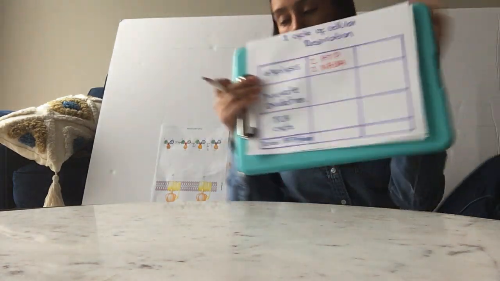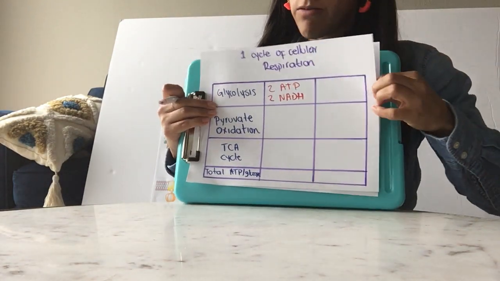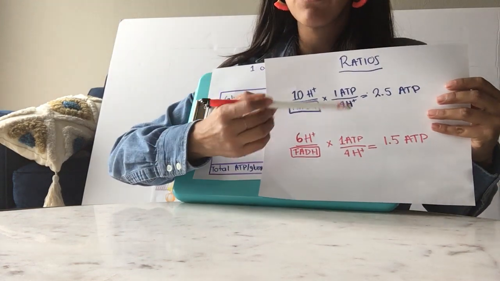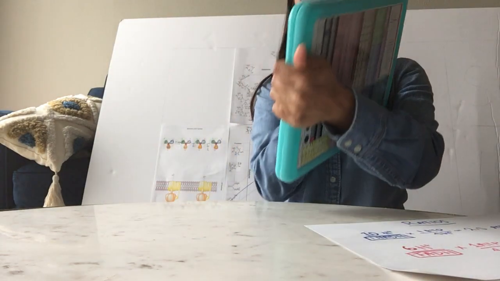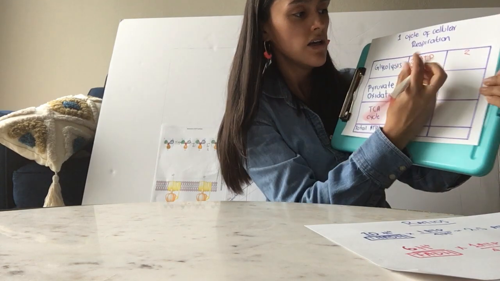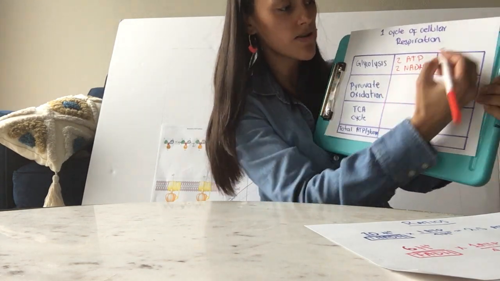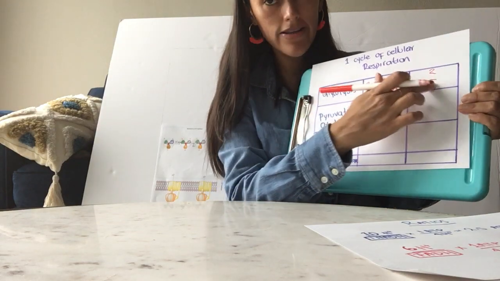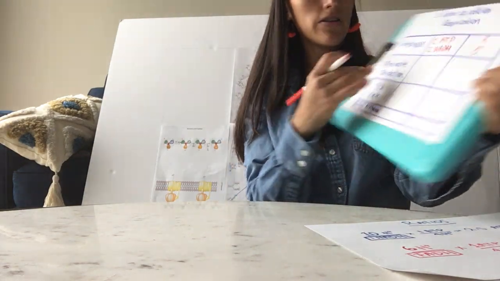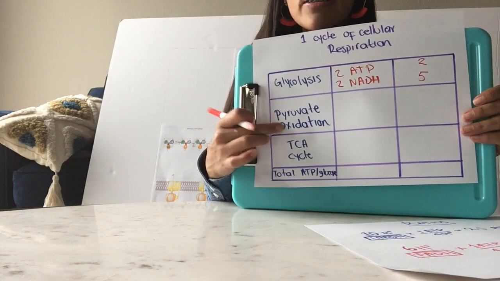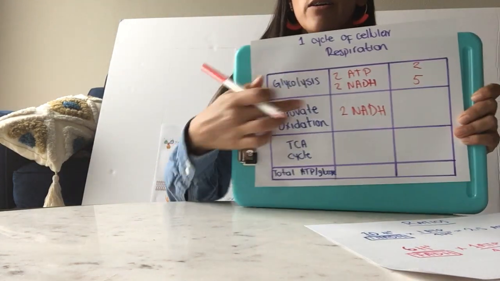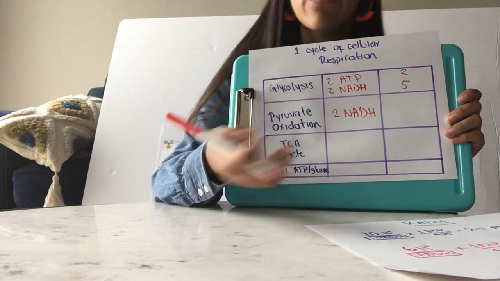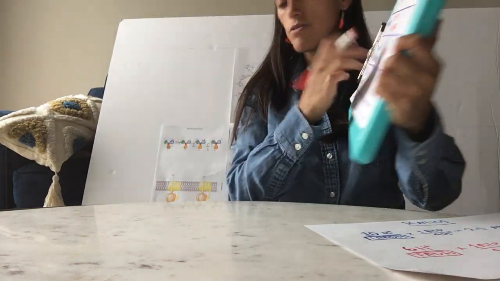So we multiply our ratio of 2.5 times 2. We leave the 2 ATP alone, and 2.5 times 2 would be 5 for NADH. Now, we know that pyruvate oxidation gives us 2 NADH, 2.5 from our ratio times this would give us 5.